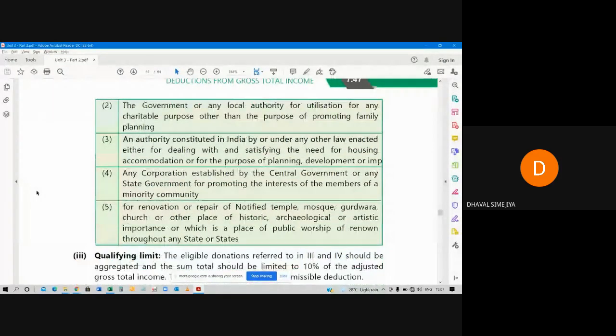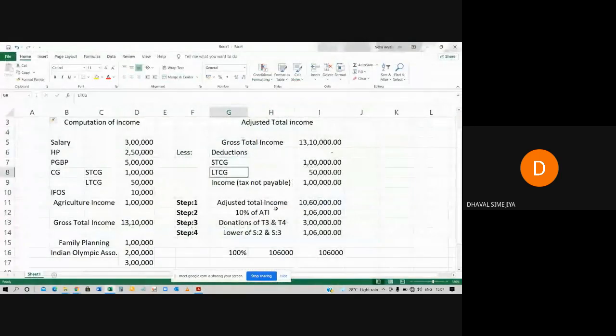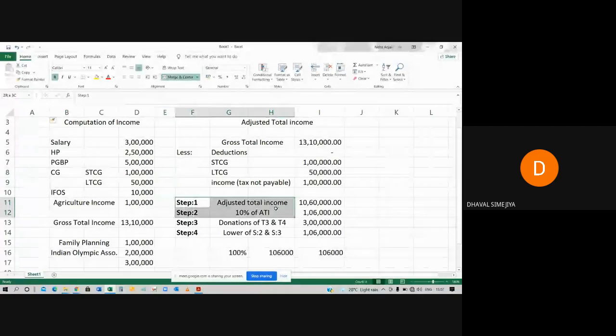I have given to renovation of a notified temple or mosque: 50% of qualifying limit. What is the qualifying limit? The qualifying limit is these 4 steps. You are supposed to read and remember these 4 steps.